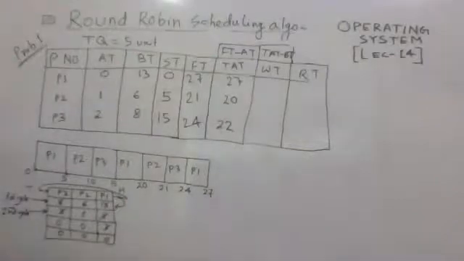Actually, we have another formula to calculate waiting time, that is starting time minus arrival time. But my suggestion is, in case of a preemptive algorithm, the preferable formula to calculate waiting time is turnaround time minus burst time.